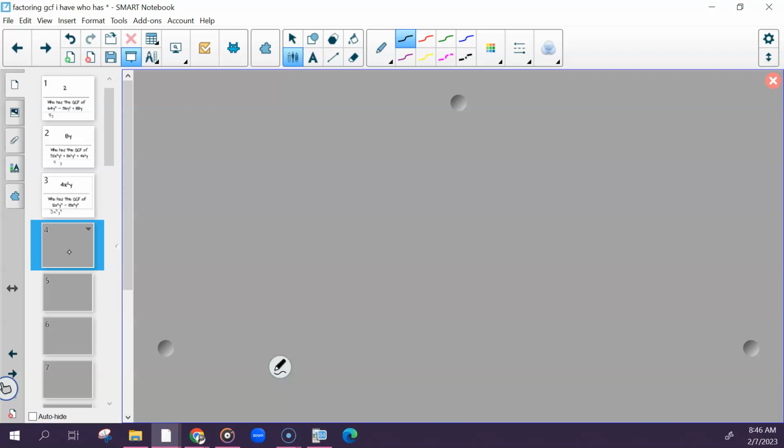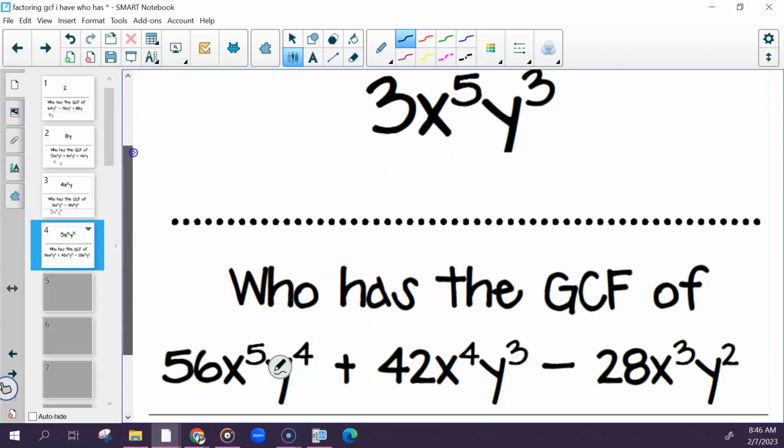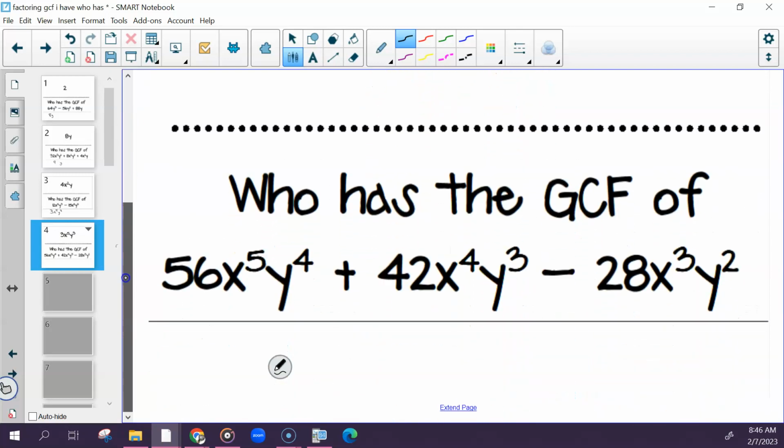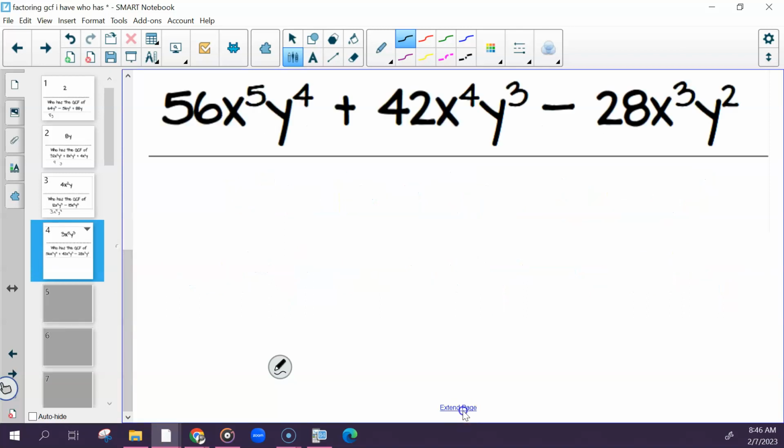Tomas, go ahead and read that card off. The second part: 56x^5y^4 plus 14xy^3 minus 8x^3y^2.